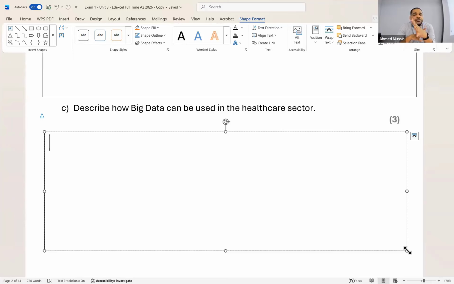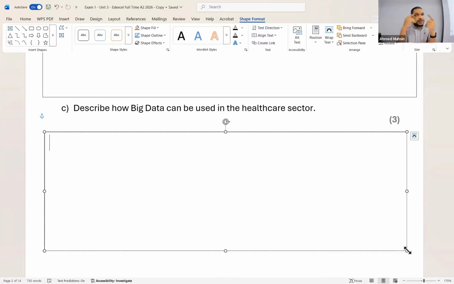What are you trying to do? What are you trying to solve using big data? So we know exactly what to do and not waste time. So we can say, for example, you're talking about treatment, offering the right treatment to patients. So you can then mention what he said. In the healthcare sector, offering the best treatment for patients can be decided by reviewing big data related to how patients were treated using various methods.